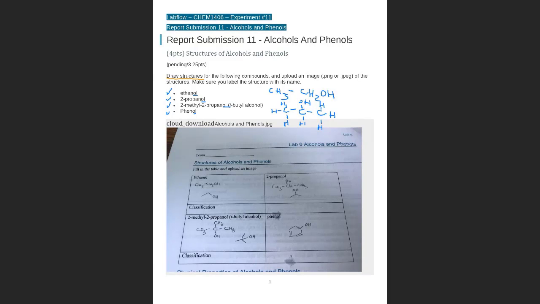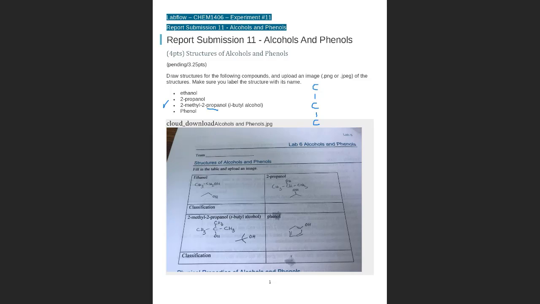Now, let's erase this. They are asking for the 2-methyl-2-propanol. Okay, this pencil is not working. 2-methyl-2-propanol. Because it says prop, I start drawing the main chain, which has 3 carbons.